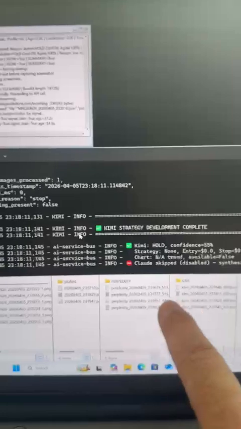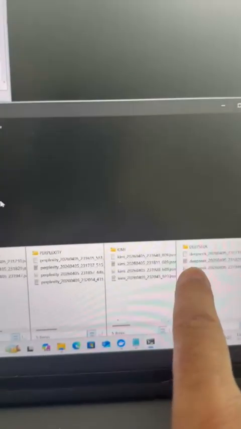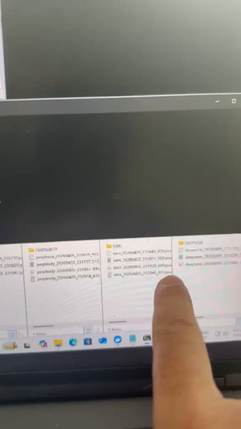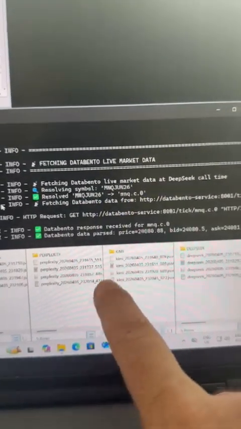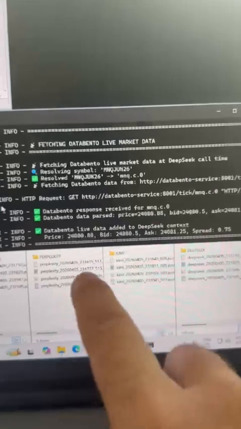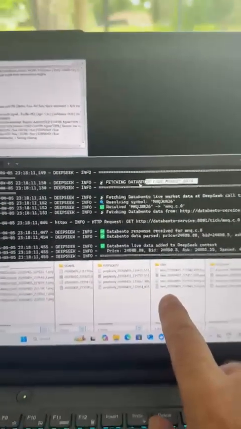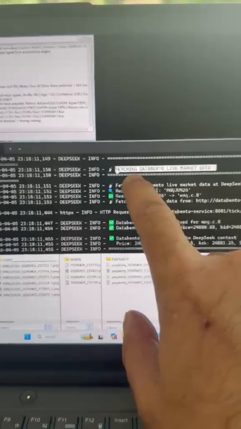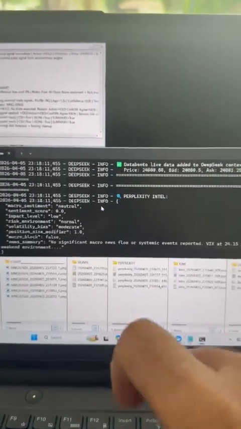Each time instructions come here, you will see them in these files. Basically, it automatically erases these files when it reaches the limit. I think the most important part for me is to show you how it reads the data, like Perplexity.